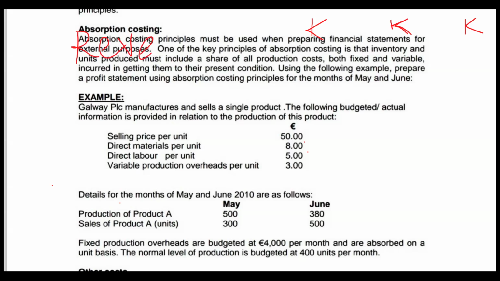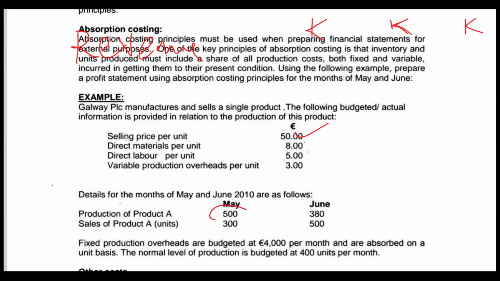Revenue. Let's start with revenue. How do you find revenue? We said revenue is found by selling price times the units that were sold. We are just doing for May. So selling price is 50, right?